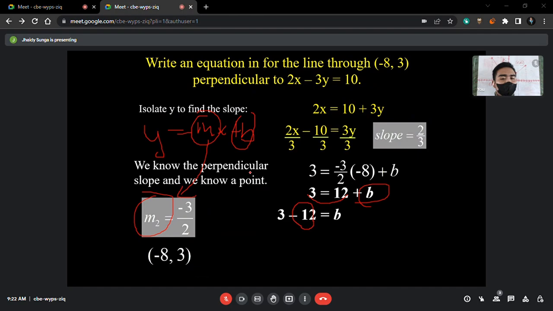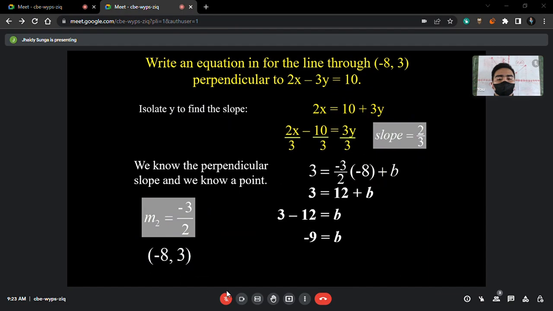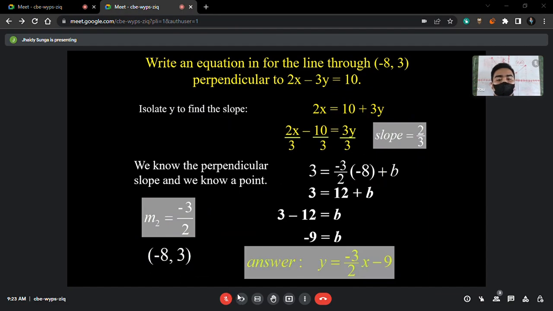So 3 minus 12, the answer is negative 9, po. So your b will be negative 9. So the equation for your line number 2 will be none other than y is equal to negative 3 over 2x minus 9. So that will be the equation for your perpendicular line.